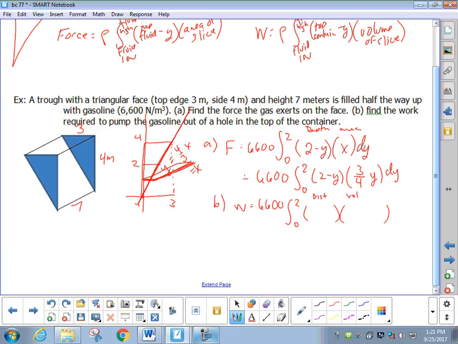Okay? Weight density is the same. The limits, do they change for these problems? No, it's still about 0 to 2 where the fluid is. What's the distance that you're pumping each slice? 4 minus y now, because you have to pump it to the top of the container, not the surface of the fluid. The volume, how does it play off of the previous area? It's just like the area, but times 7. So it's got that same 3/4 y for the width, 7 for the length, and dy for the height. All right, so there's a lot of overlap, but not identical.